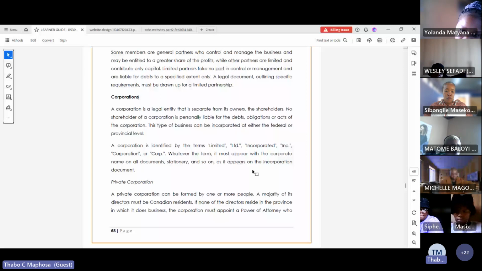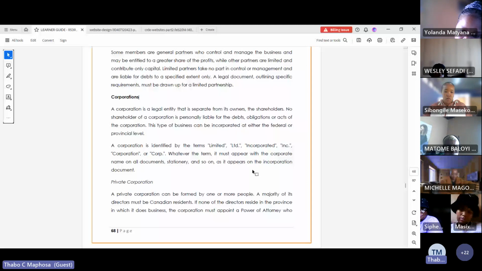And this type of business can be incorporated at either federal or provincial level. When it comes to corporations, these businesses are run by these so-called shareholders, who are the ones that usually appoint the CEOs.